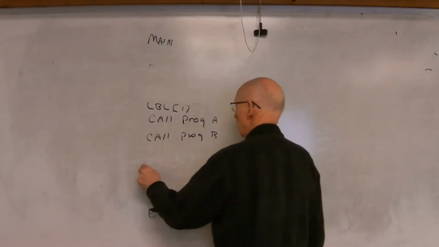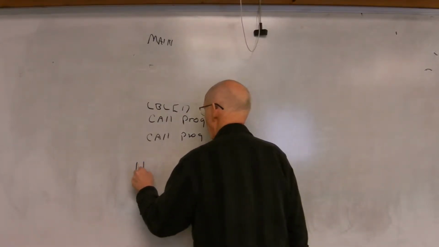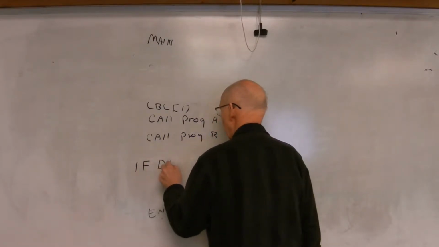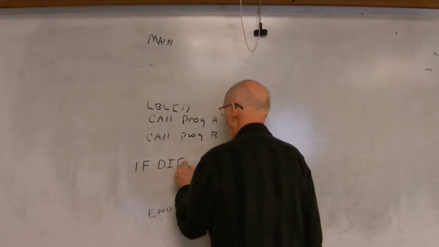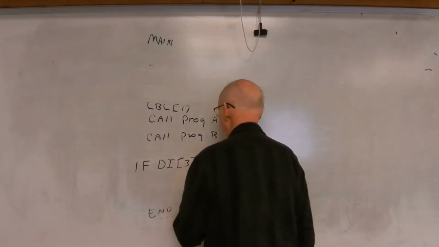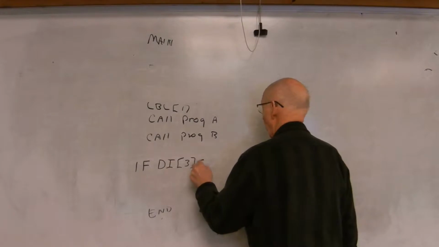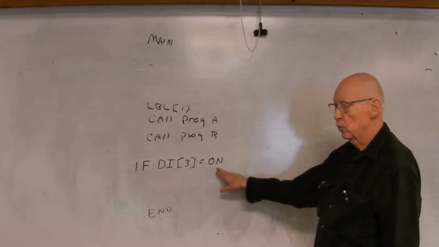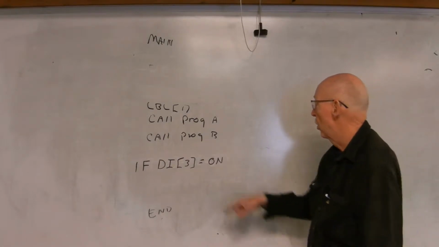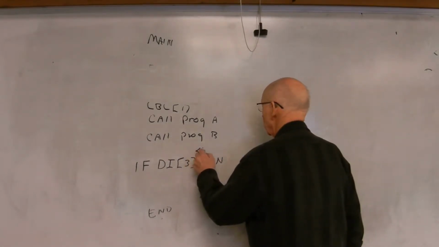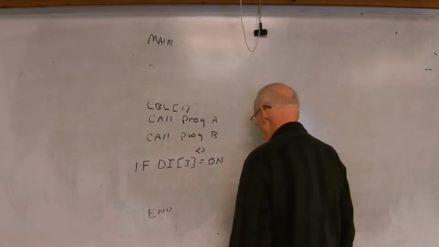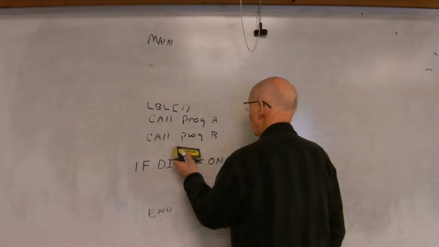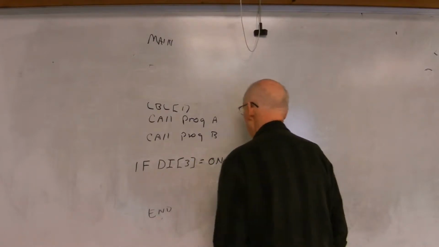And we could say something like, if, let's say digital input, let's say we're looking at digital input number 3 is on. But we could say if it equals off or not equals on. There's different tests you can perform. But let's say we're testing to see if digital input number 3 is turned on.